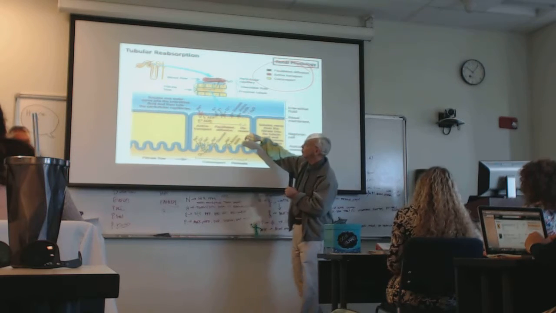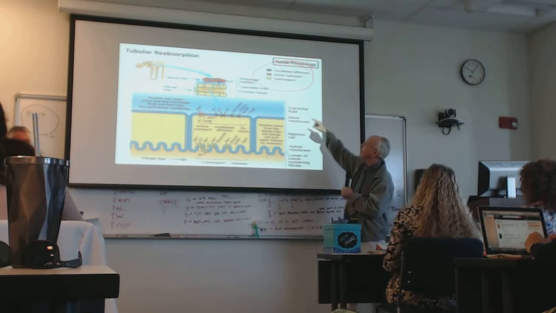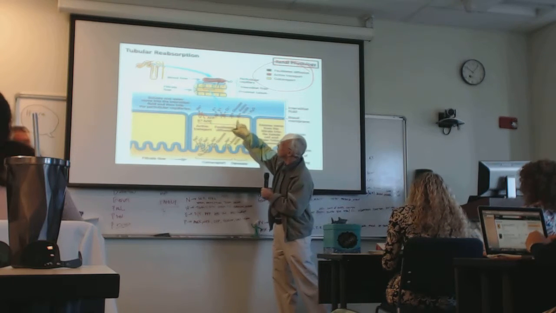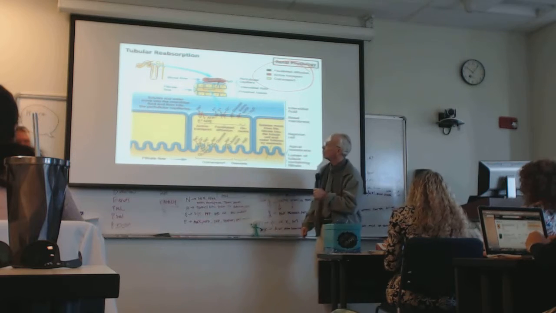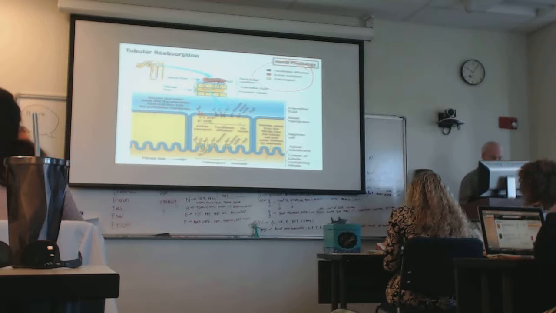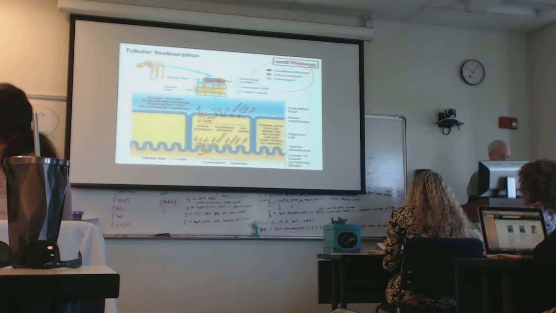Be careful with your terminology here. It's going to be passive transport. Not passive diffusion, but passive transport or facilitated diffusion. But in reality, a variety of mechanisms are involved, and certainly this is the preponderant scheme in the proximal region.